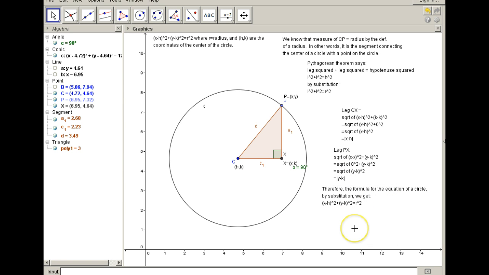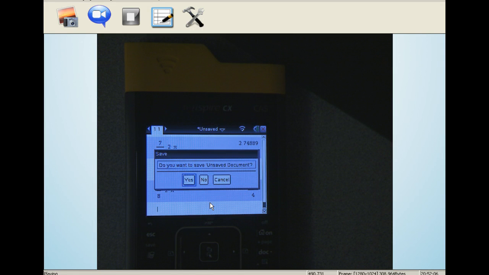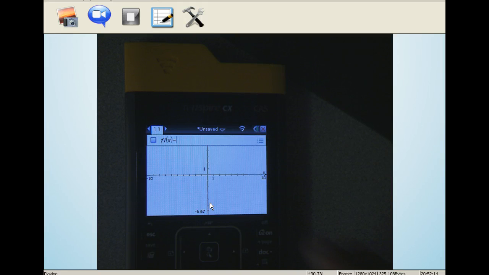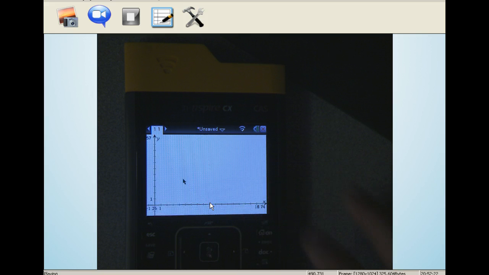We've derived it. Now I want you to see this actually. So I'm going to pause this real quick and show you on my calculator. I'm going to make a new document here and make it a graph. What I really like about these calculators is that it allows us to enter the formula directly using our menu.